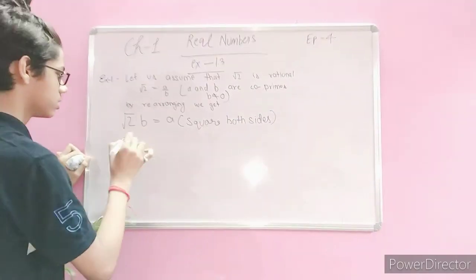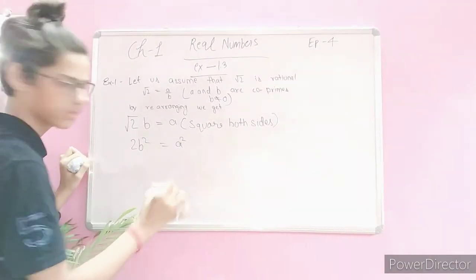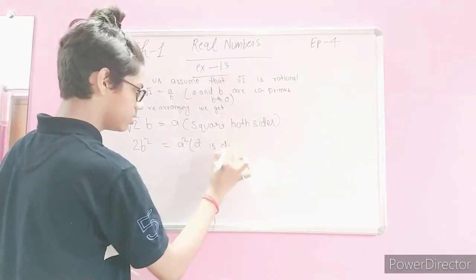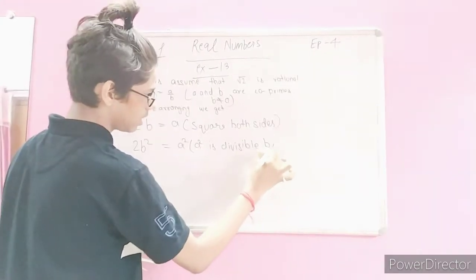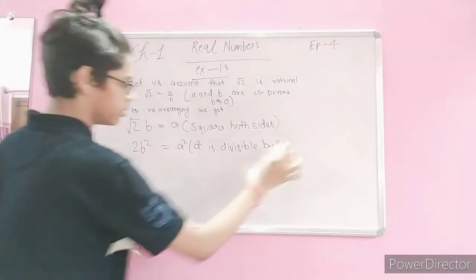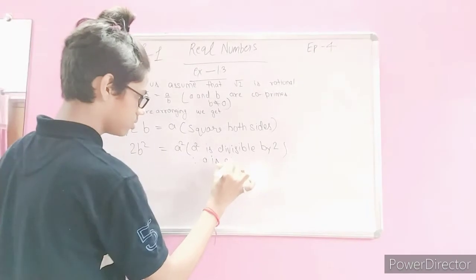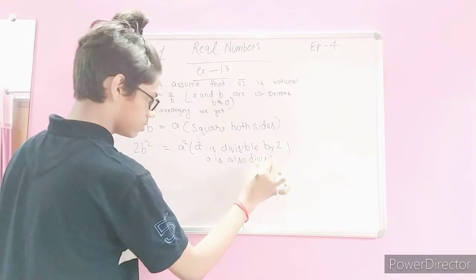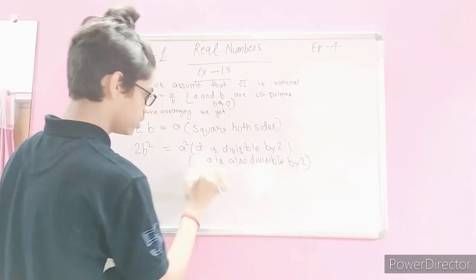Okay, so 2b square is equal to a square. Then a square is divisible by 2. So a is also divisible by 2. Okay, we will take it as equation 1.